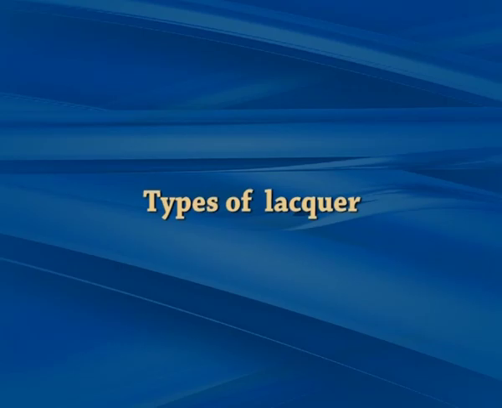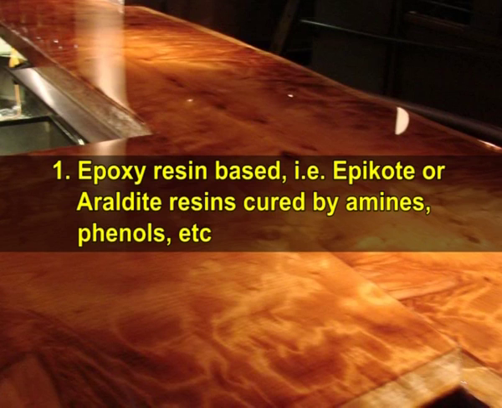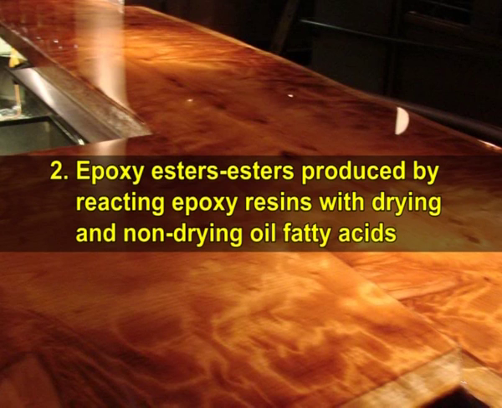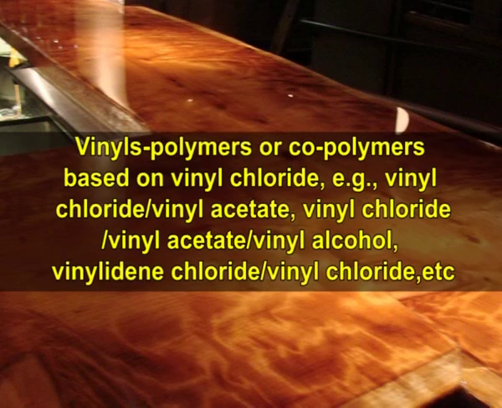Types of lacquer. Number 1. Epoxy resin based, that is Epikote or Araldite resins cured by amines, phenols, etc. Number 2. Epoxy esters. Esters produced by reacting epoxy resins with drying and non-drying oil fatty acids. Number 3.